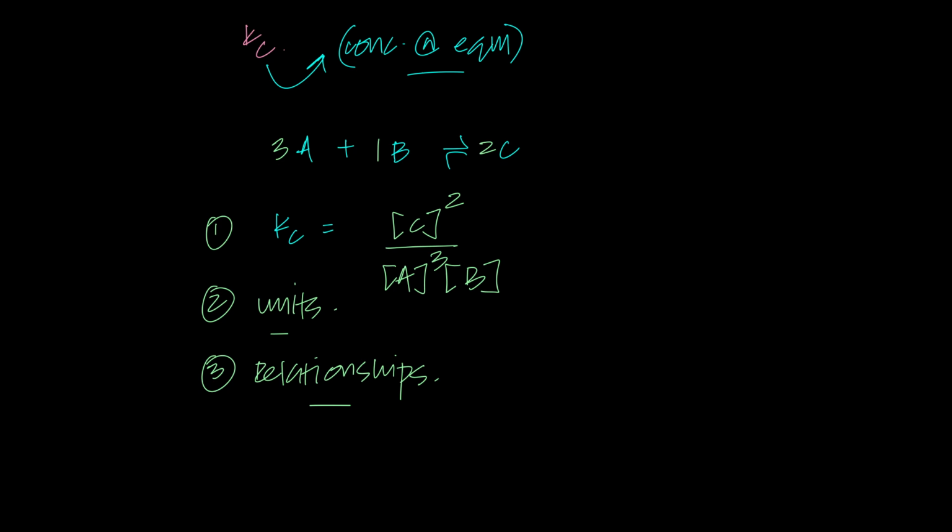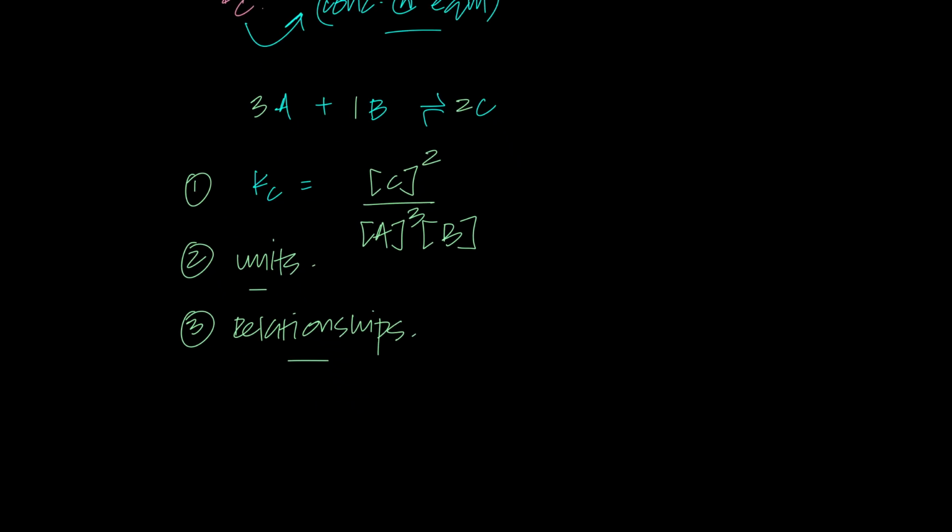If you double the coefficients, what happens to the Kc? If you halve the coefficients, it's basically a square root. If you triple the coefficients of the equation, it's basically a cubic effect on the Kc. And for the reverse reaction's Kc, it's the inverse, the flip of that. And we talked about all of those good relationships.